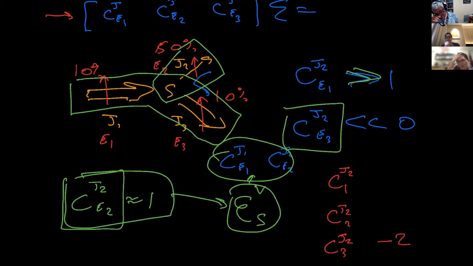And 3 and 2 on J2, that'll be about 1. And then this one must be 3? Is that right? No, it's got to be 2. So they add up to 1.